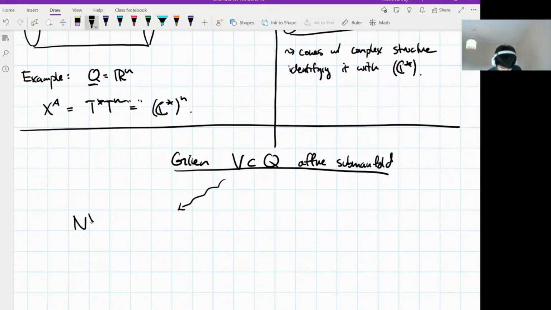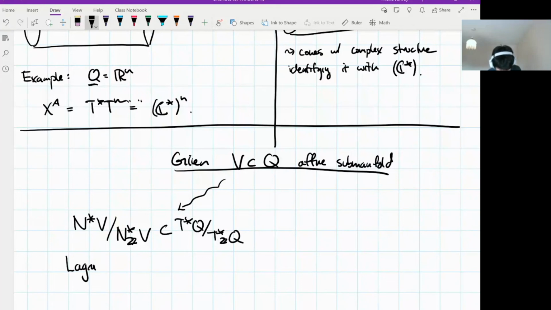I can take the conormal bundle to V mod the conormal lattice bundle to V inside of T*Q mod T*_Z Q, and this gives me a Lagrangian submanifold.